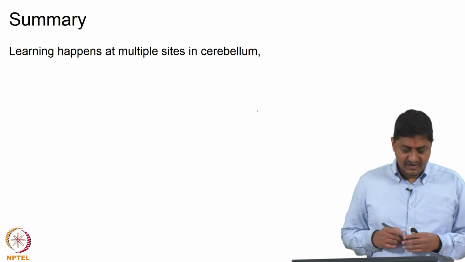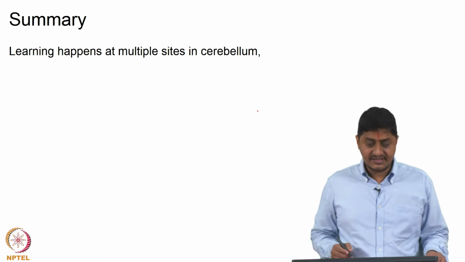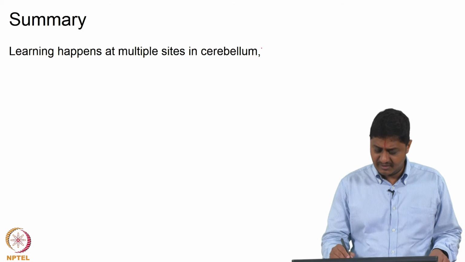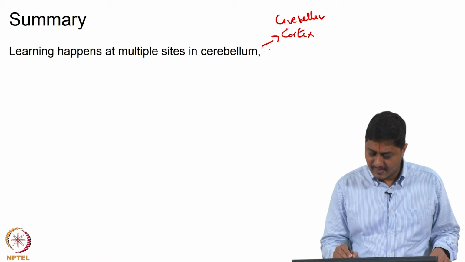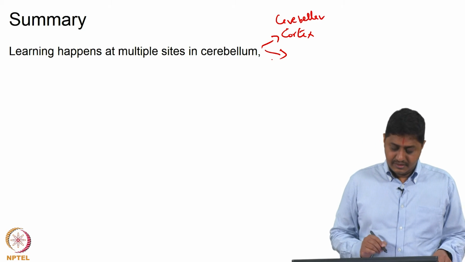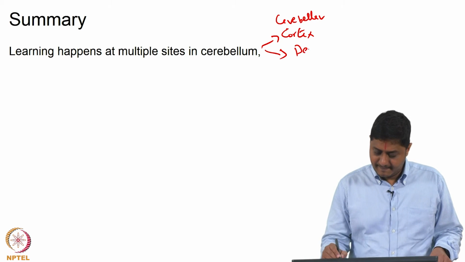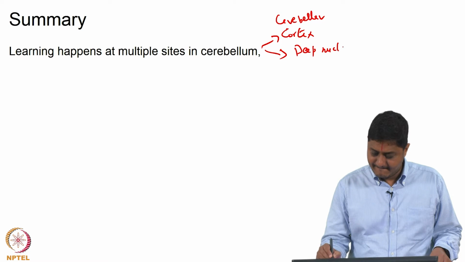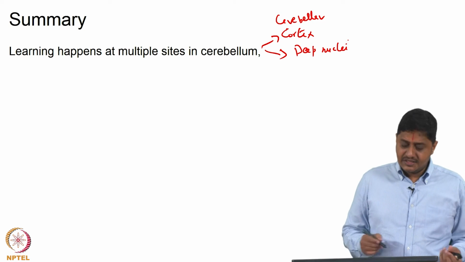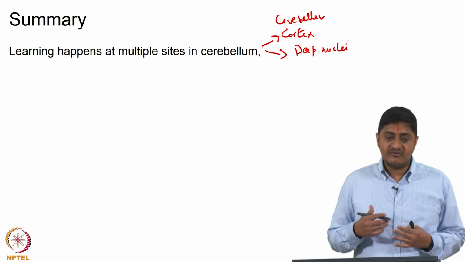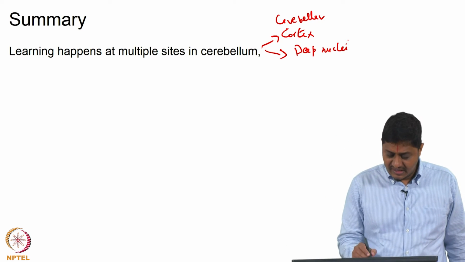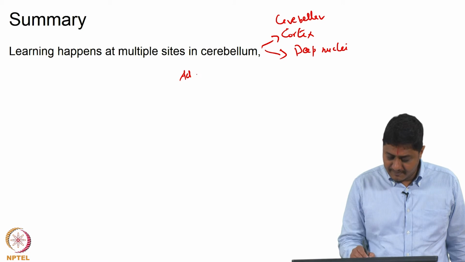So, what we have learnt in today's class is that learning happens at multiple sites in the cerebellum, that is, basically the cerebellar cortex and deep nuclei. Also, that the cerebellum is crucial for different forms of learning, especially adaptation.